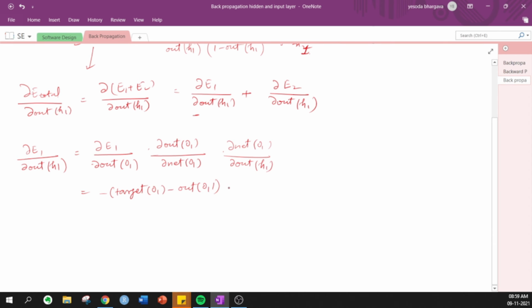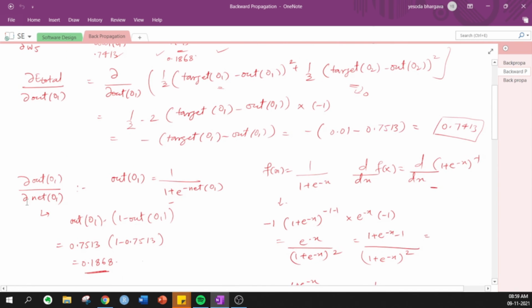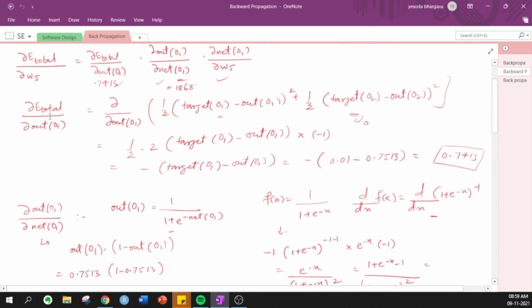The partial derivative of output of O1 with respect to net O1 is nothing but output of O1 into 1 minus output of O1. If you are confused about this, just check this out, we already computed this value. And the partial derivative of E1 with respect to O1 is the same as that of the total error with respect to O1, because the O2 error is essentially 0.